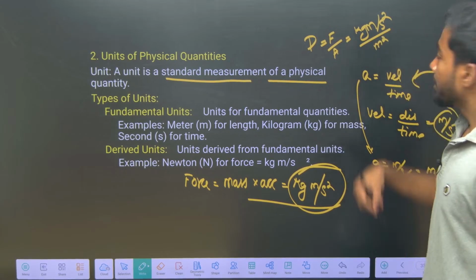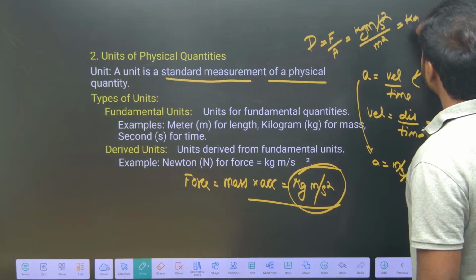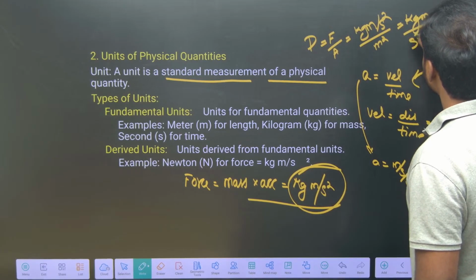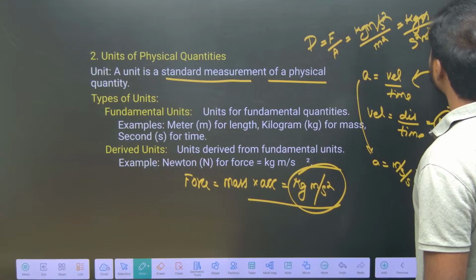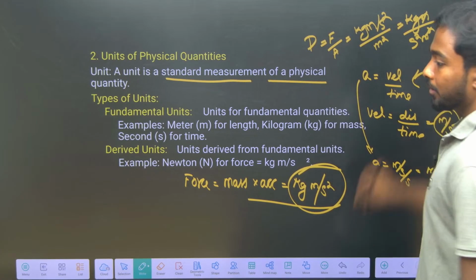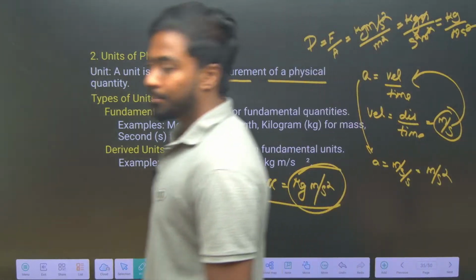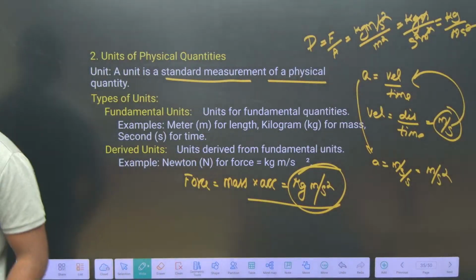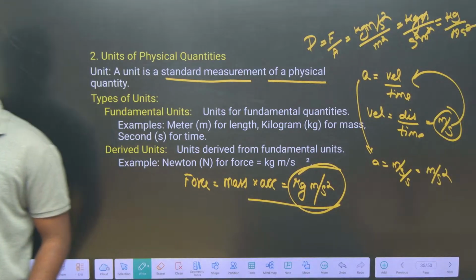A meter cancels off, giving kg per meter second square. This is the SI unit of pressure.